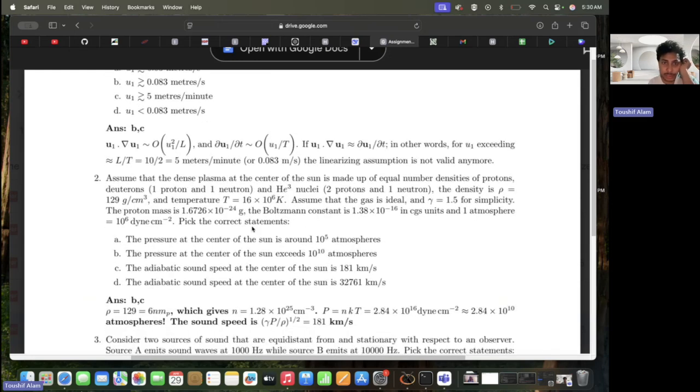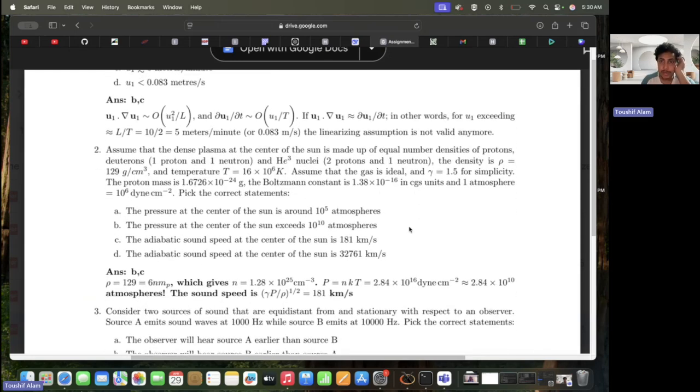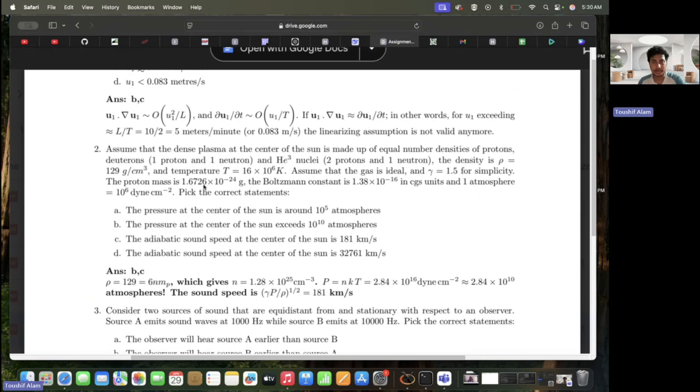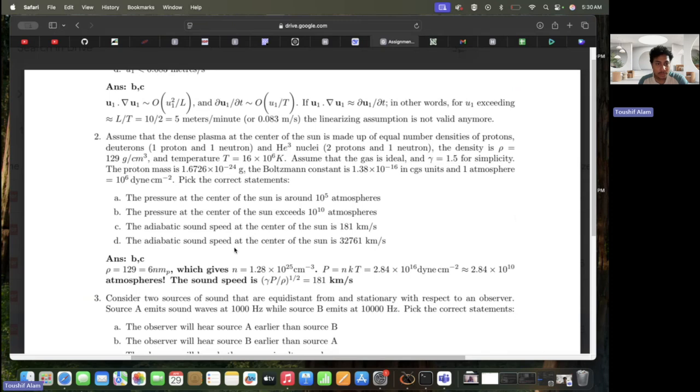Assume that the dense plasma at the center of the sun is made up of equal number density. Given that the pressure at the center of the sun is around, we know rho is 129 gram per centimeter cube, that is 6 nmp. So rho is 6 nmp, which gives n, because rho is nmp, right?